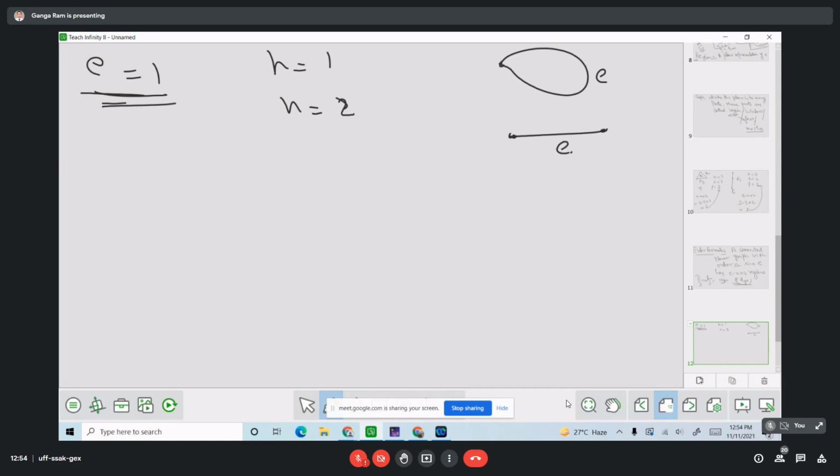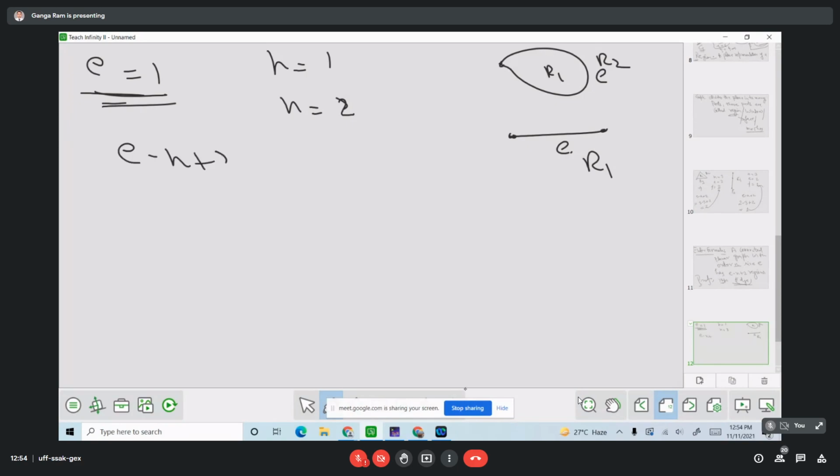But in this case there are two regions, R1 and R2, and in this case only one region. Verify the formula for both graphs.